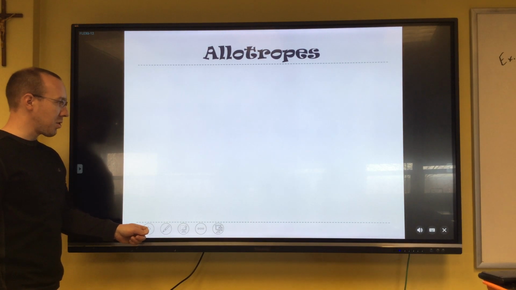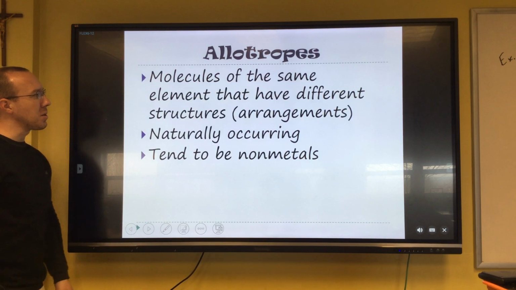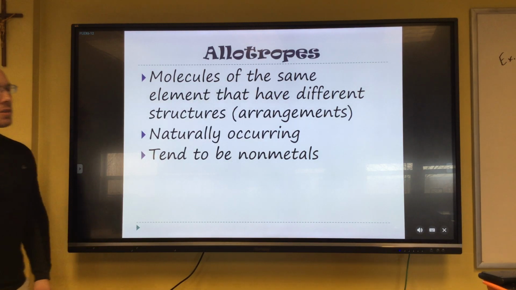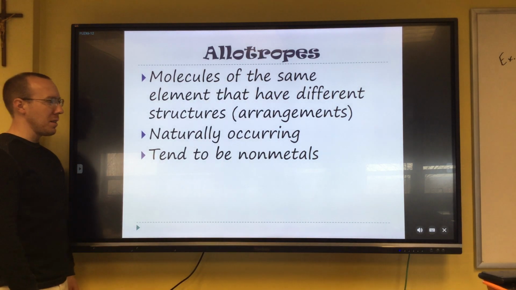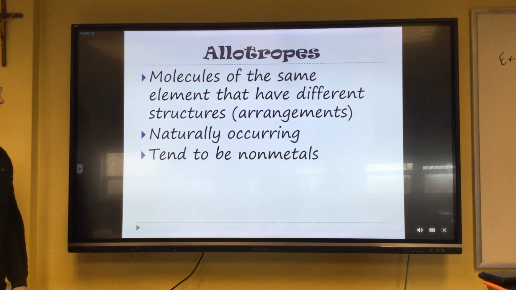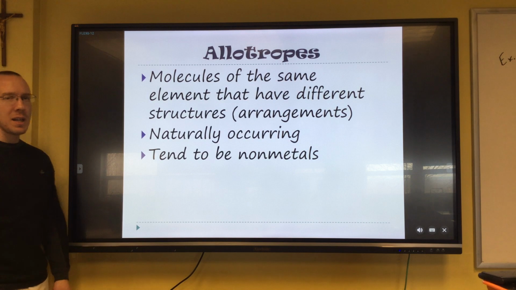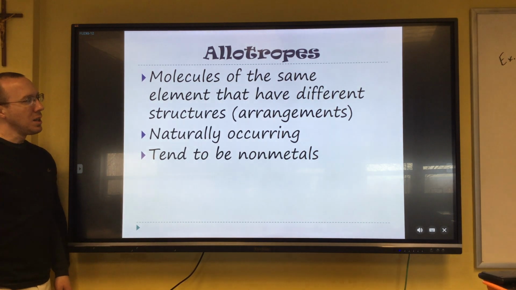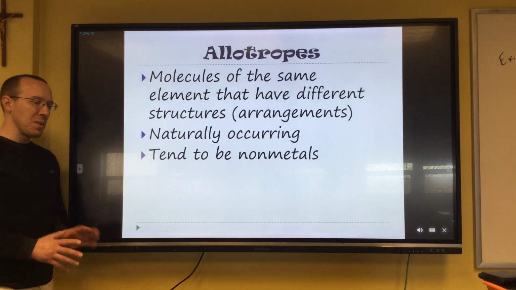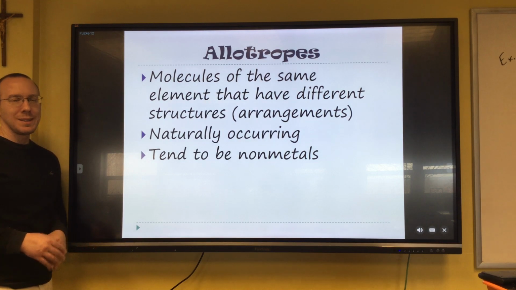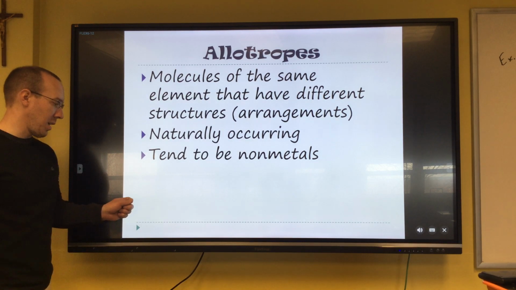And then allotropes. We already had allotropes, I thought, right? These are molecules of the same element. This happens with carbon a bit. Carbon's a non-metal. If you ever hear of organic chemistry, it talks about carbon. You have carbon that's maybe just arranged differently, but yet all carbon: oil, coal, diamonds, that sort of thing.